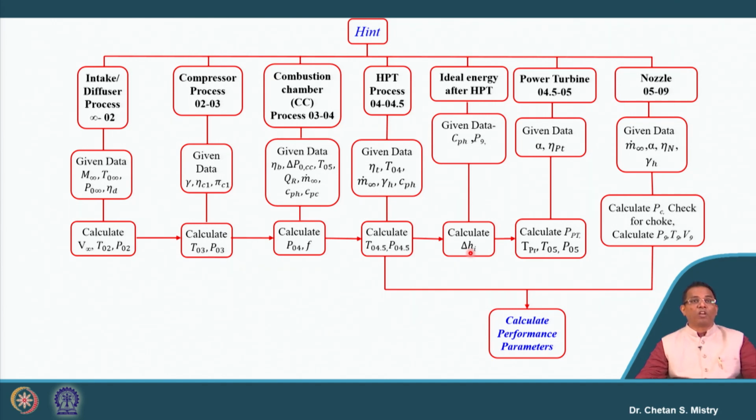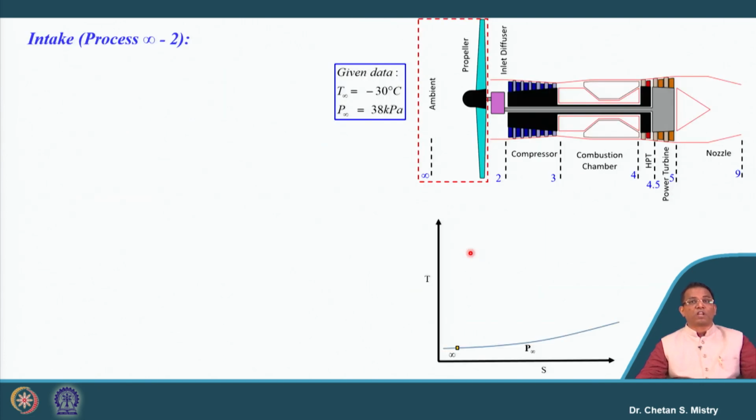We will do all our calculation till the nozzle because that is very important for us in order to calculate the thrust. In the same way we can calculate other parameters which define the performance of this engine. So let's start, the very first component we have is our intake.